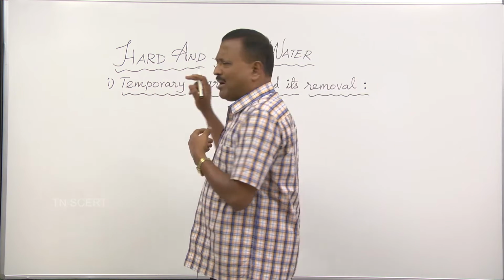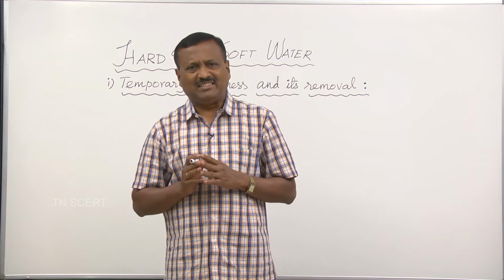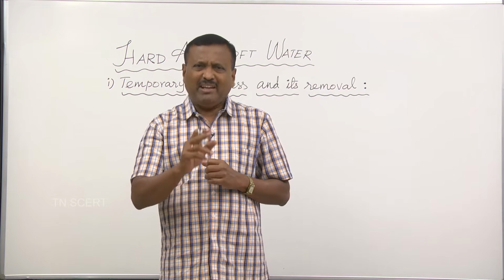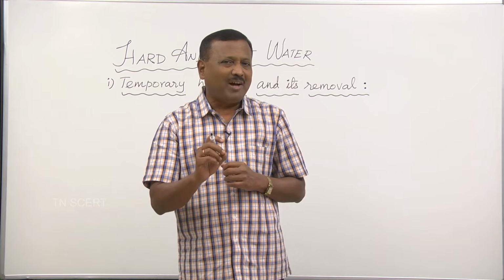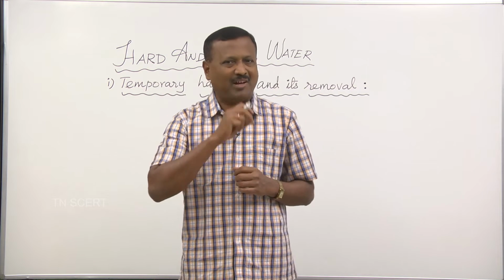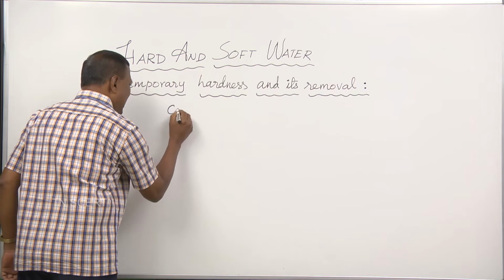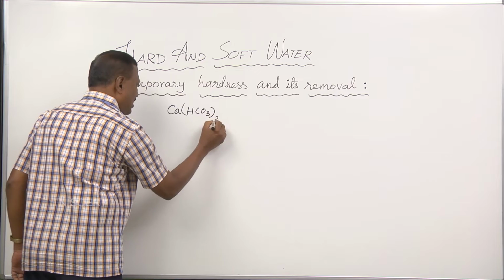Temporary hardness and permanent hardness are the two different types of hardness in hard water. When you have temporary hardness, the water consists of calcium bicarbonate and magnesium bicarbonate. Calcium bicarbonate is Ca(HCO3)2.